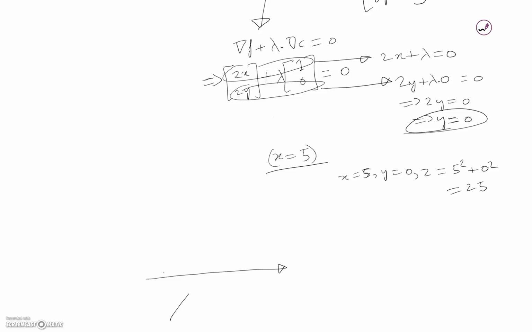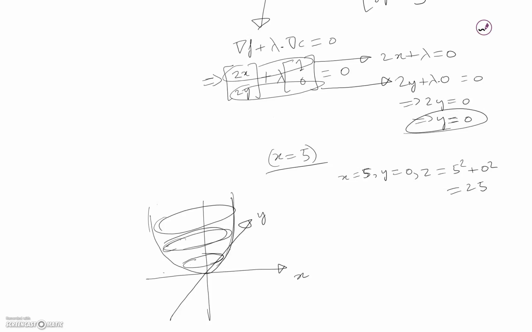Going to the drawing board yet again, we have xy and our little paraboloid. Now the only thing we ever wanted was to decrease this objective function f as much as we could, but then this constraint came in the way, x equal to 5, and it prevented us from realizing our dream.